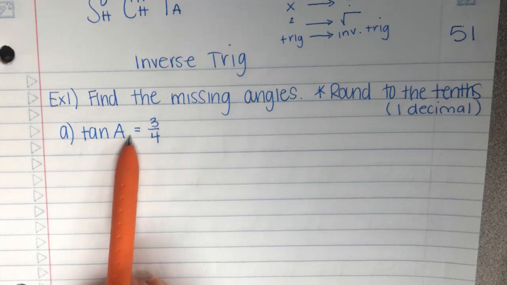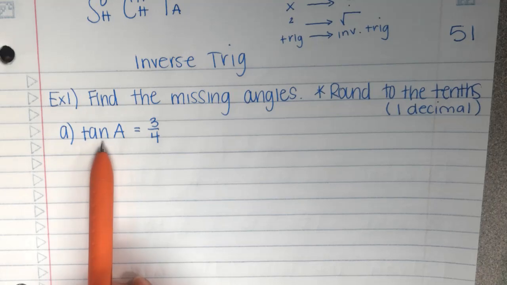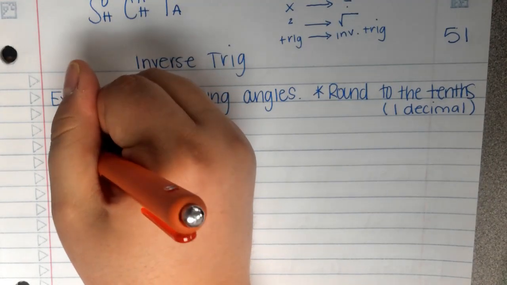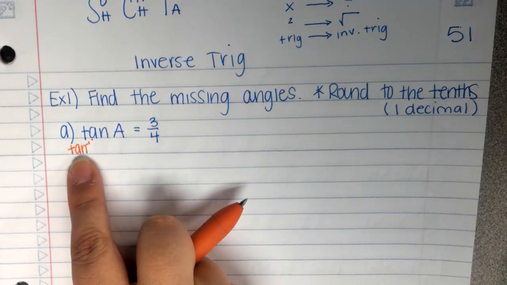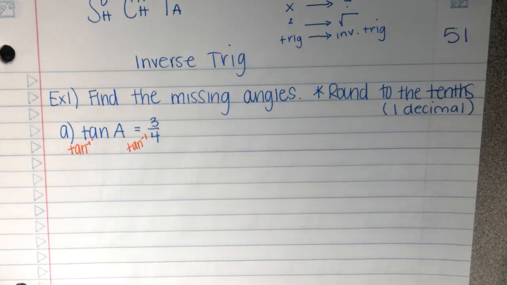We're solving, how do I get A by itself? What's the opposite of tan? Inverse tan. So I am not going to multiply, I'm going to take the inverse tan, and what you do to one side, you do to the other. So I am going to inverse tan the other side.